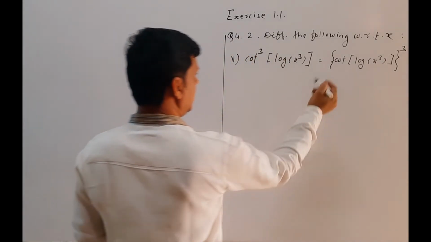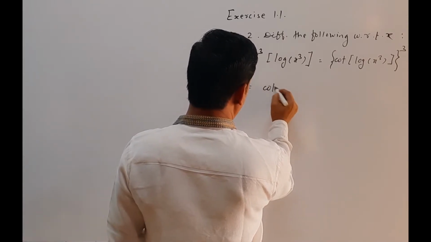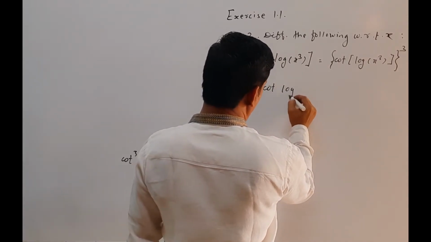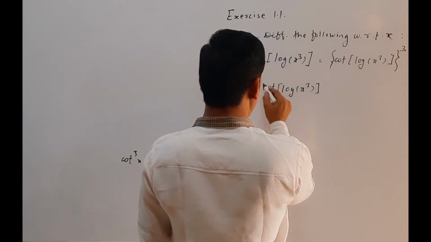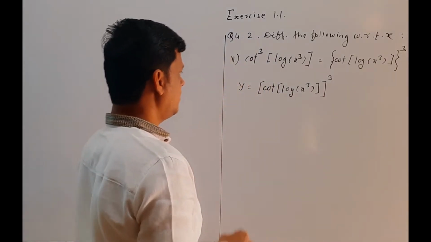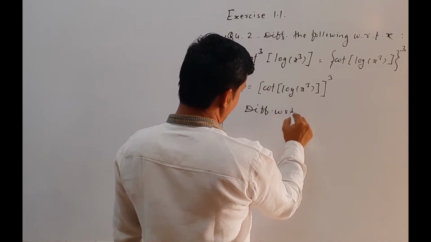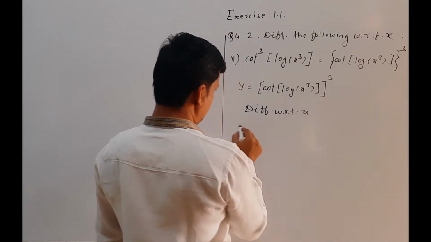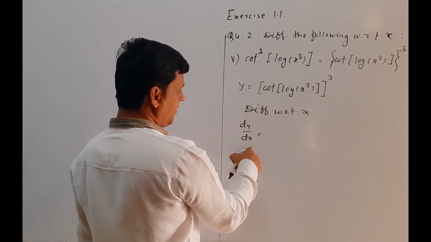So here we write this as let y is equal to cot of log of x cube. You can use square bracket also, bracket raised to the power 3. So we differentiate with respect to x. So we write the derivative of y as dy by dx.